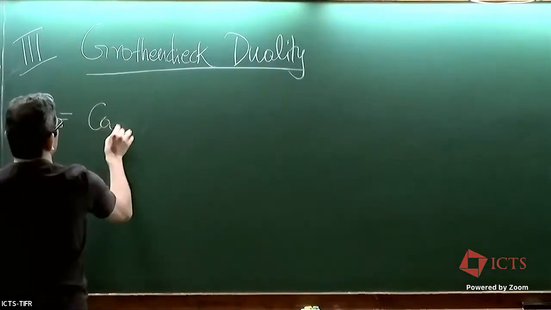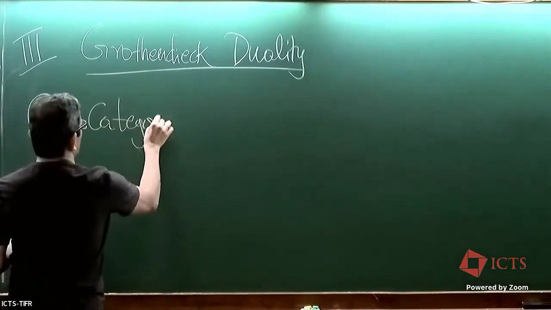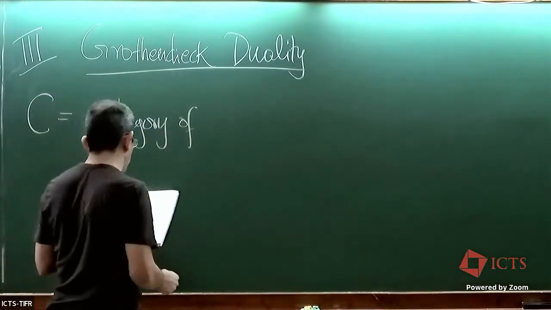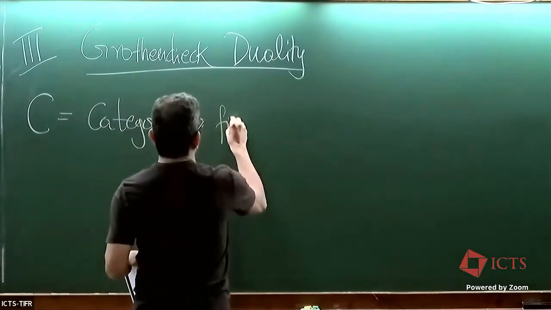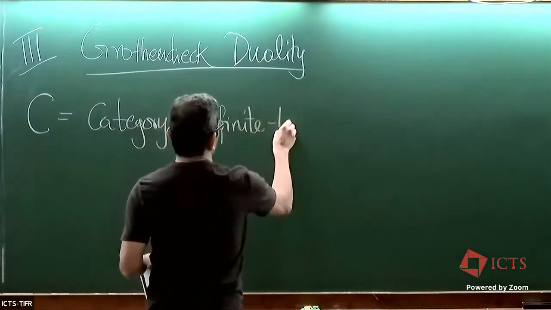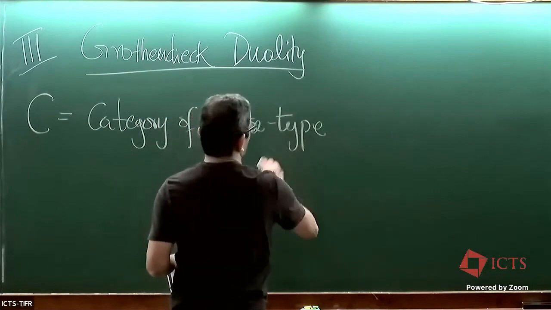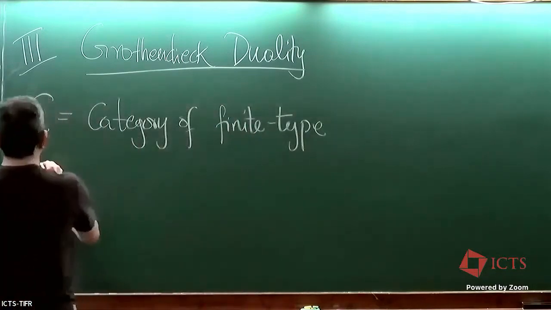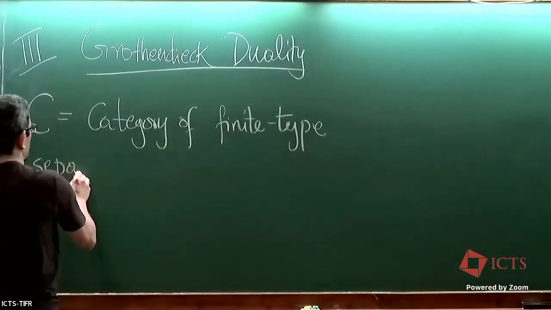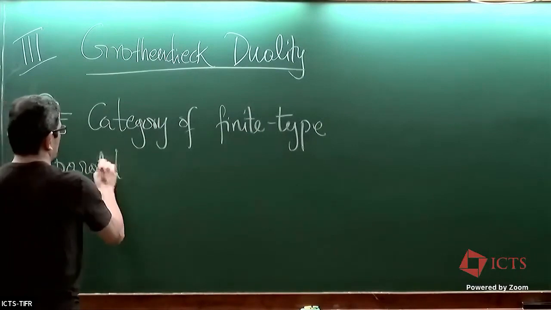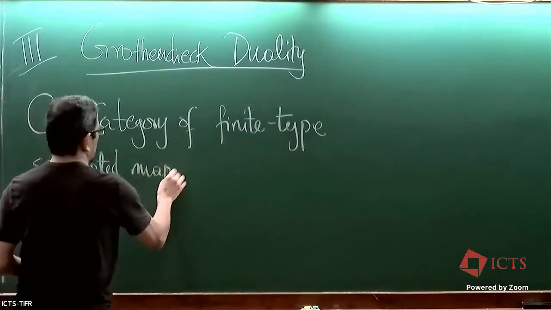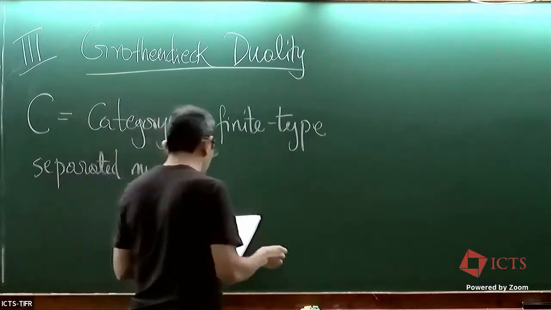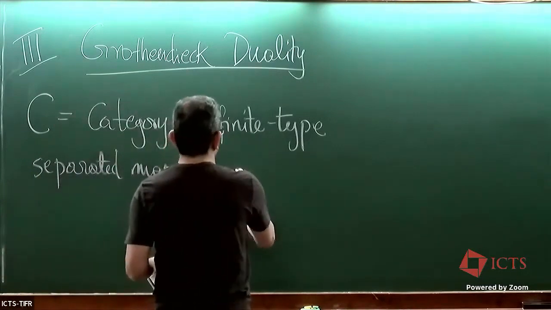So C will be the category of finite type separated maps of Noetherian schemes.